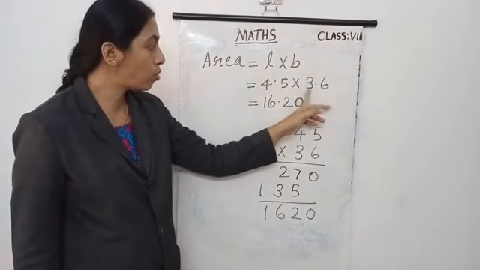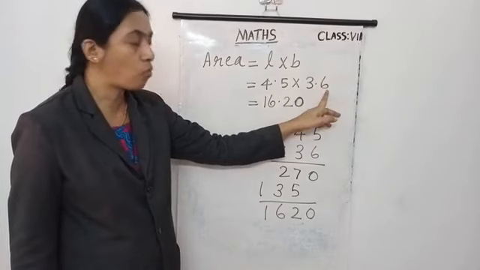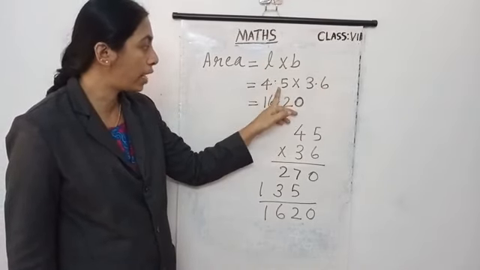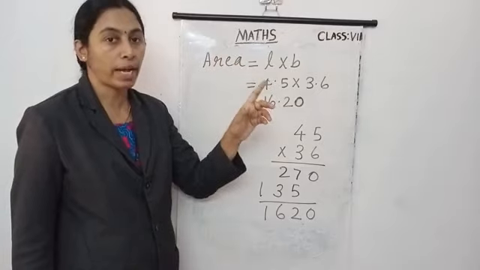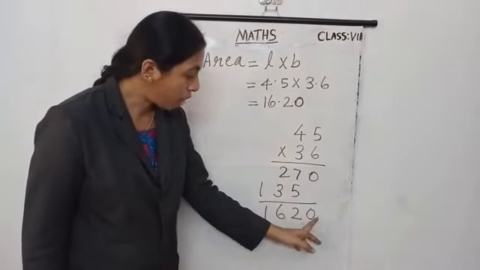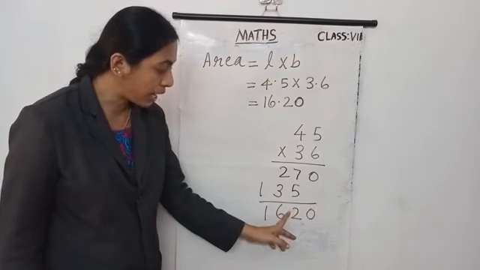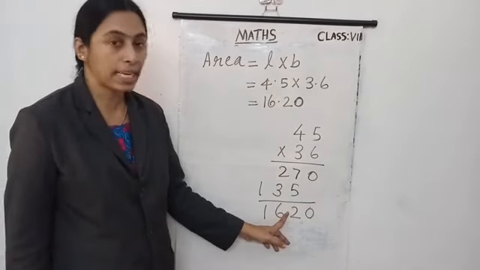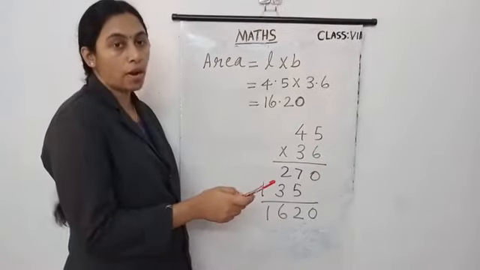So here in the question, after point here 1 digit and here also 1 digit. So we need to put the point after 2 digits from the right hand side. Did you understand?